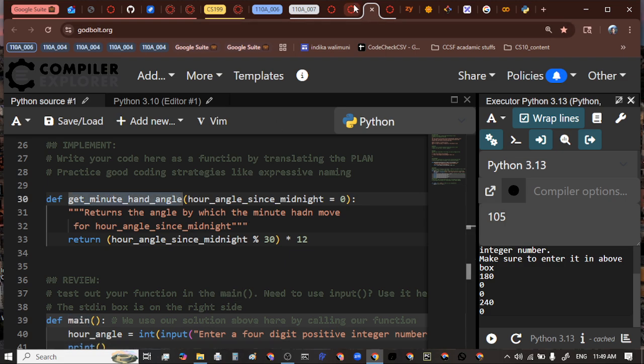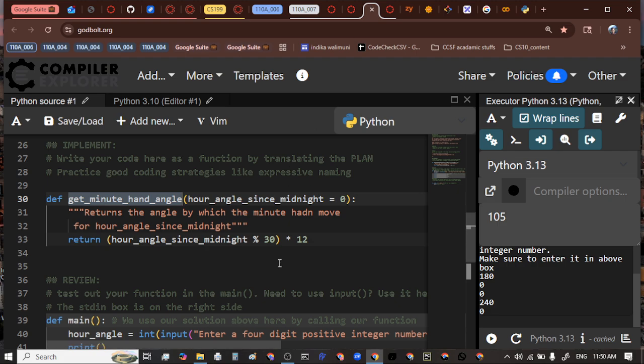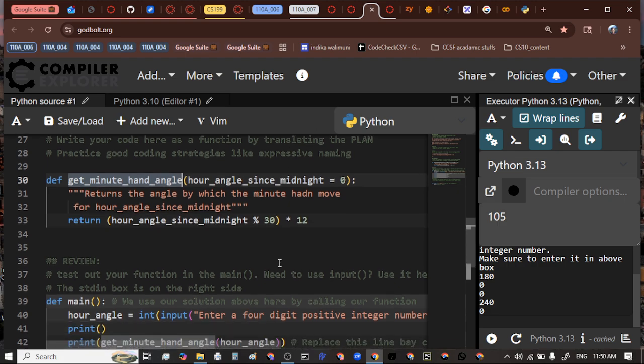Next one: the two punctuator type tokens you used.